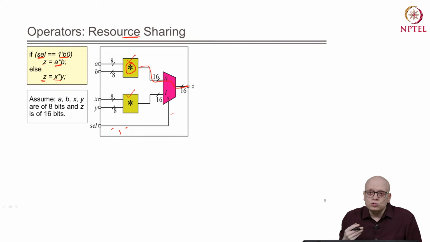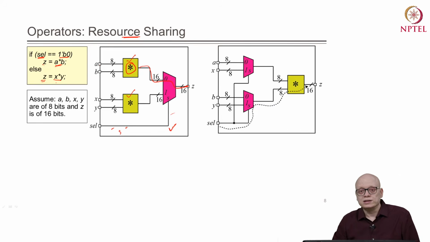First, let us look into whether we can implement the same functionality with only 1 multiplier rather than 2. Such an implementation is shown here. What we are doing is that we use the select line, a multiplexer, while selecting the operand for this multiplier.